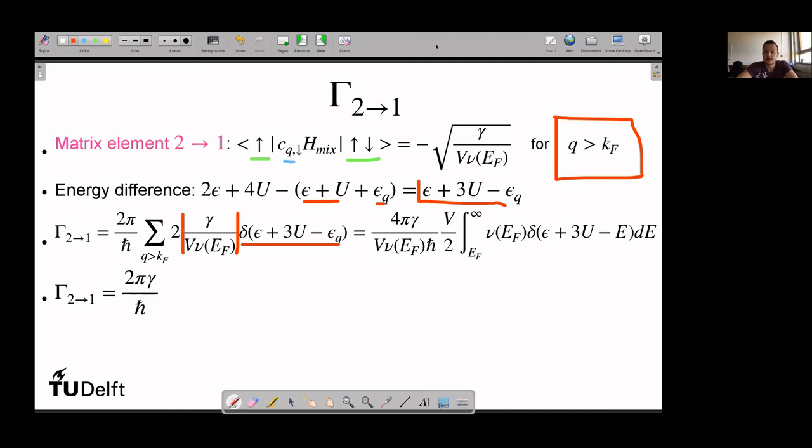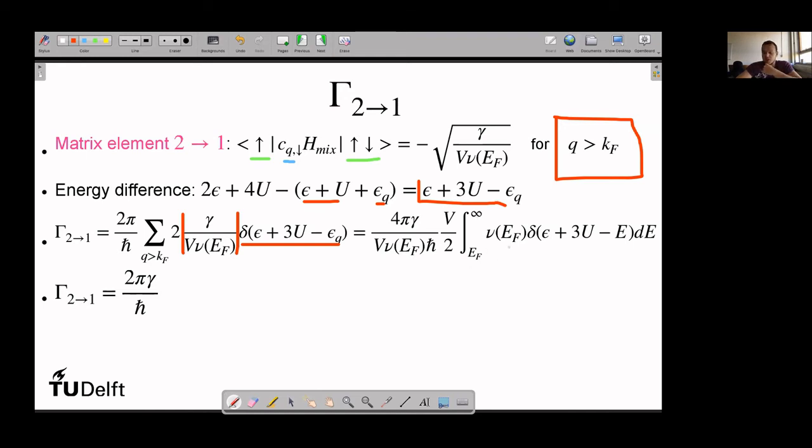Then our next task is simply to use the assumption that is given in the text: first transform the sum into an integral, because we sum over all momenta that are bigger than kF. The integral goes from the Fermi level to infinity.